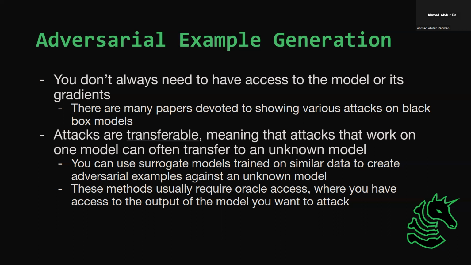But yeah, so black box methods still require some form of access to the model. If I have a secret model that I tell you exists, but I don't give you any access to it, you're not going to be able to attack it at all, right? That doesn't make sense. So for black box attacks, you will usually require Oracle access. It'll be a model whose architecture is hidden, its data set is hidden, whatever.